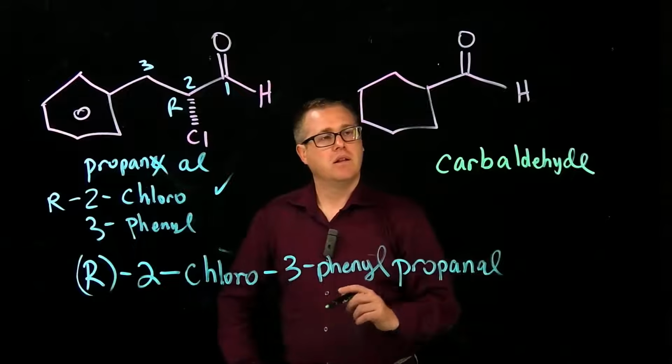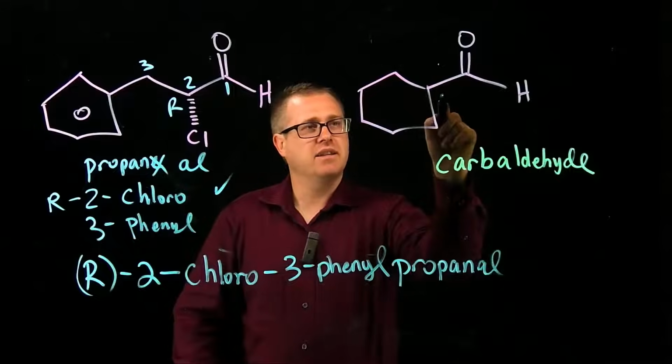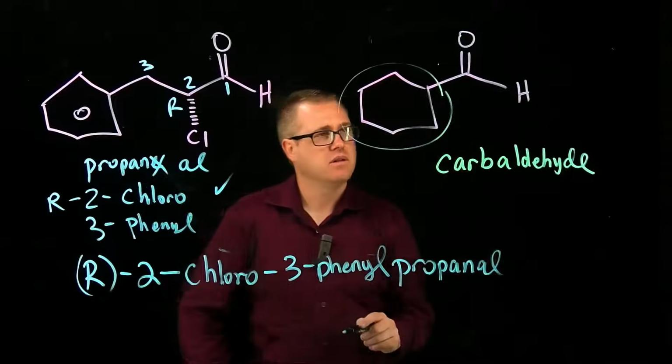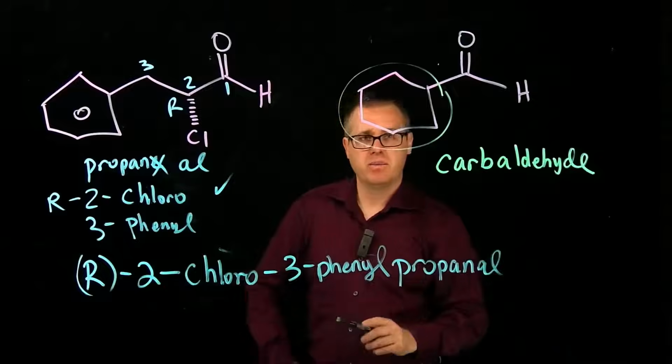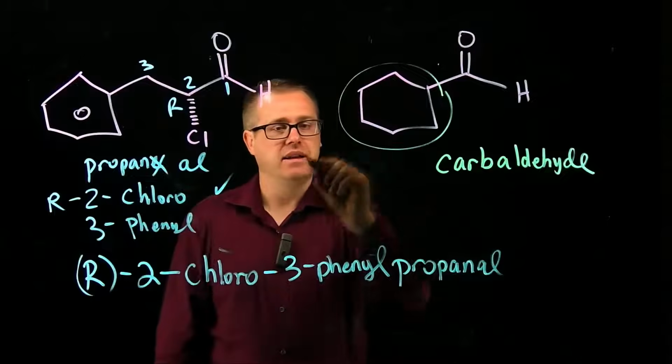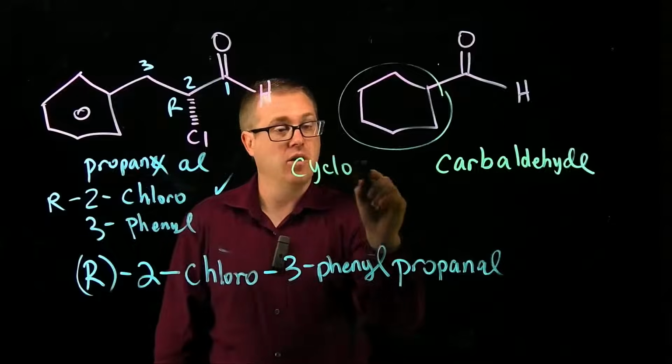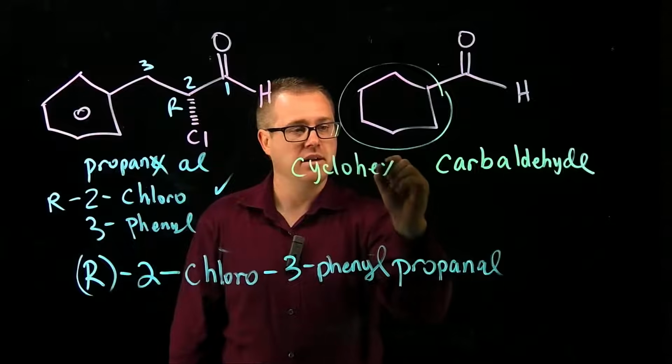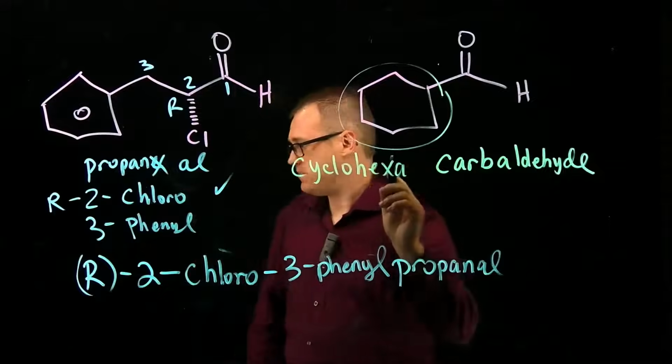And that is kind of like the substituent. So we put that name at the beginning. And what is that guy? That is called a, there's 6 carbons, hexane, right?